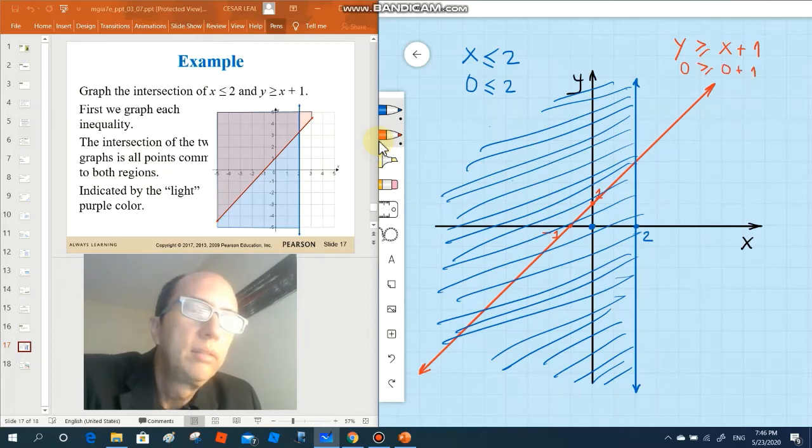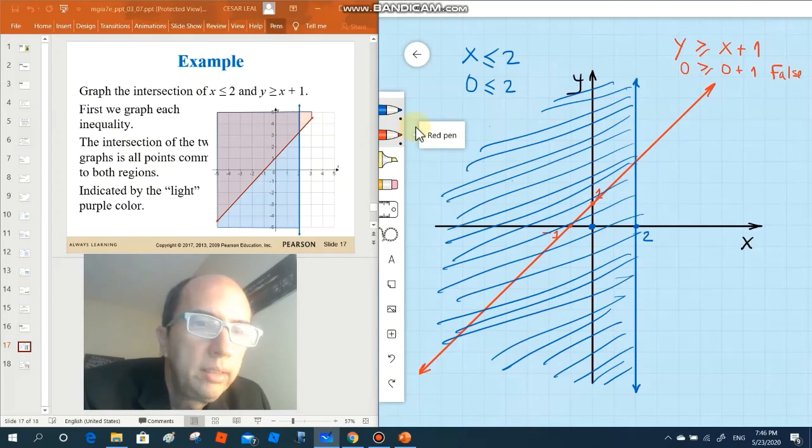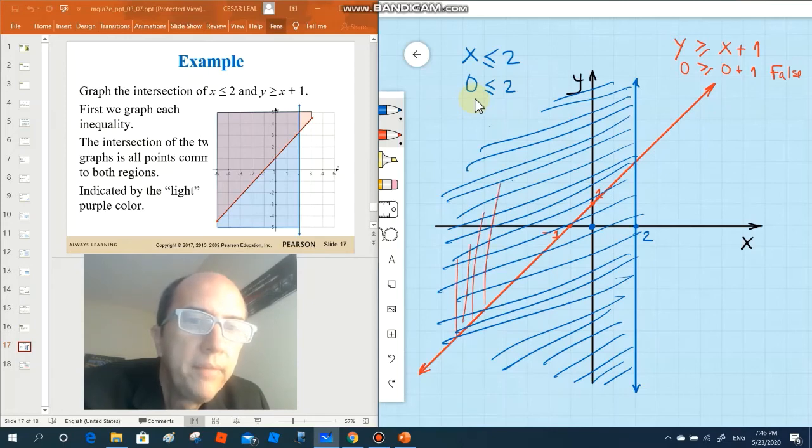Is that true or false? This is false, right? 0 is greater than or equal to 1? No. So this is false. That means the area is going to be the one that does not contain the point (0, 0). That means this area here.